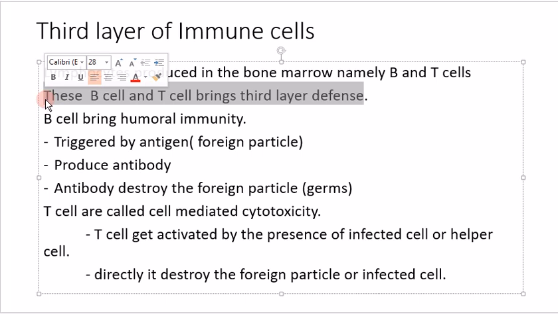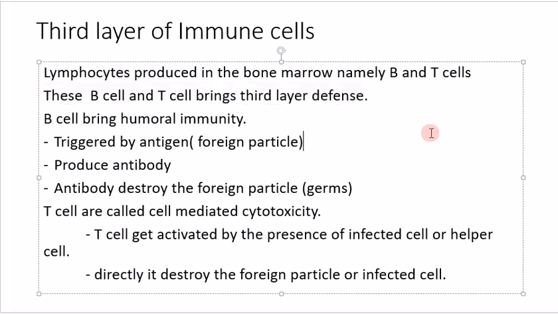First layer could not protect, second layer could not protect, then finally these cells become very active if the germs have entered through the two different layers and reached the third layer. Now once these two cells get activated, what happens? If B cells get activated upon the entry of the foreign particles or the antigens, they produce antibody chemicals.